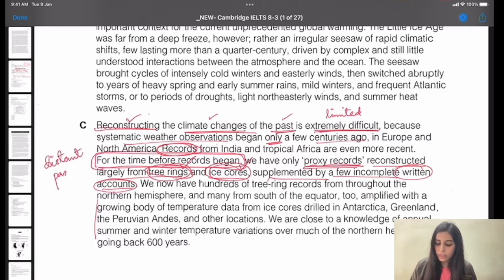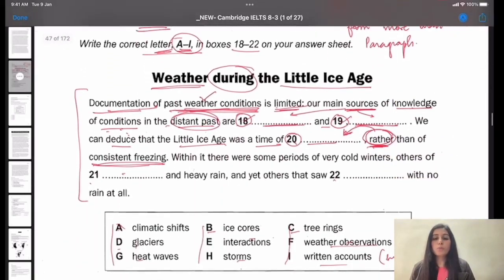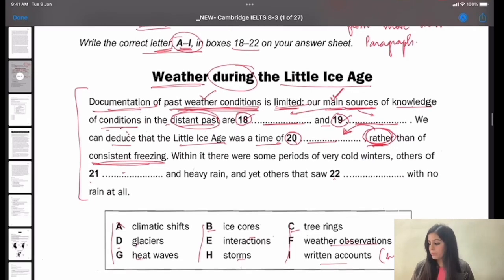How were they able to reconstruct or get the knowledge about weather conditions? Largely from tree rings and ice cores, which was supplemented by few incomplete written accounts. So yes, written accounts is also given in the option, but here the keyword is main sources. So that's not the main source, it's just supplementing.